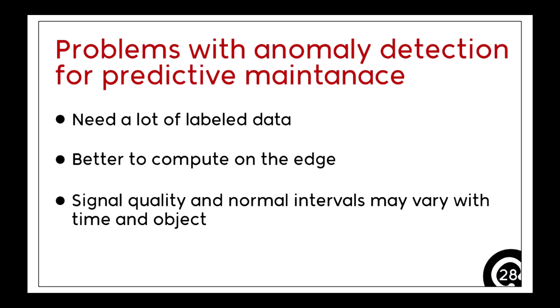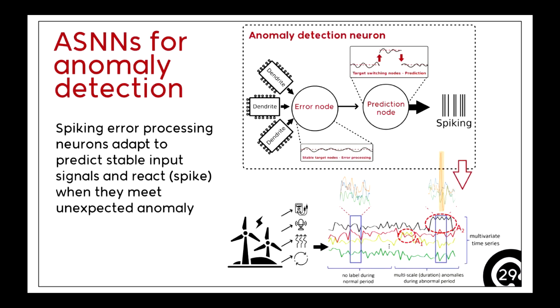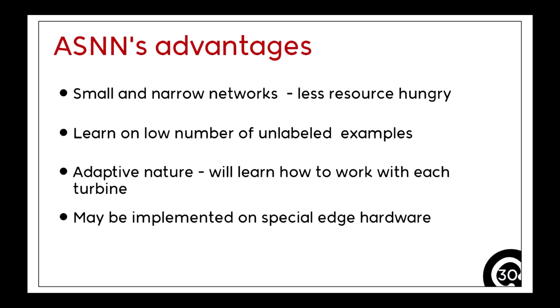So you need some kind of algorithms that will adapt to each particular object. And in our research, we can just build a small anomaly detection neuron, which will recognize the anomalies in the data of a particular turbine and will fit to one particular object. As I said already, this is a less resource-hungry approach; we can build it into just several GPUs or even one FPGA.